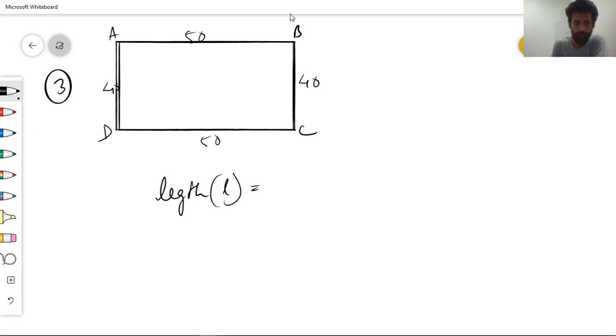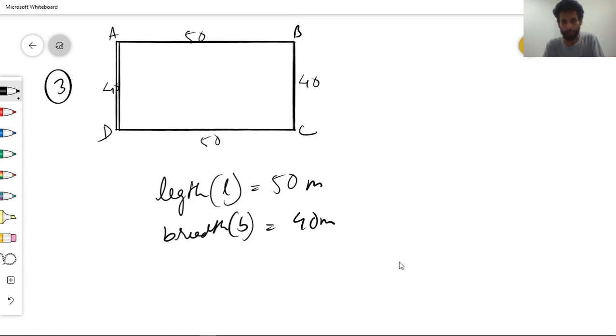Now first of all, given is length. Length L is equal to 50 meter. Breadth B is equal to 40 meter. After that, we have to find the perimeter.